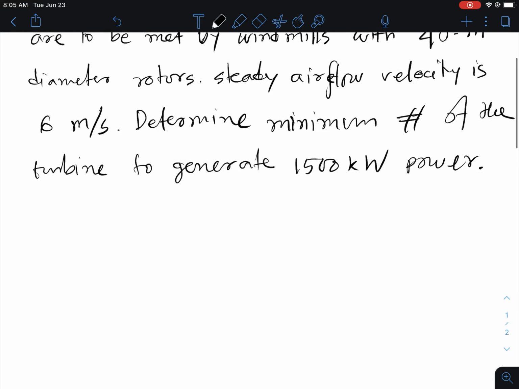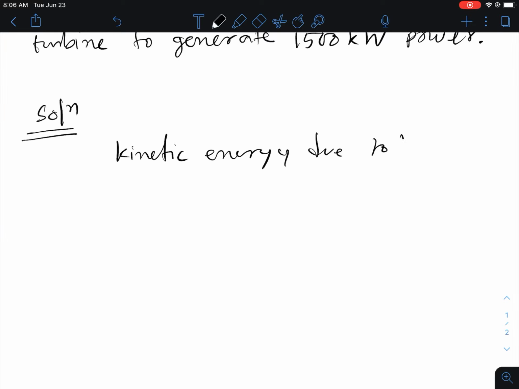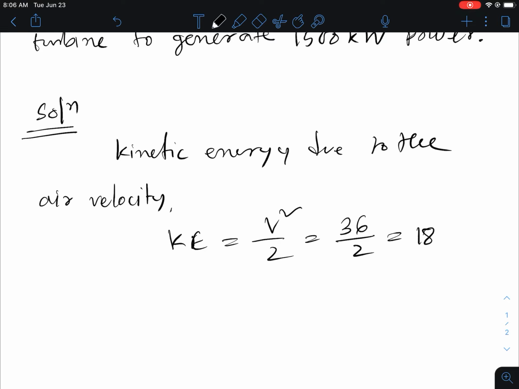So basically we have the velocity. Let's first calculate the kinetic energy due to the air velocity, KE, which is equal to V squared divided by 2, 6 meters per second squared divided by 2.